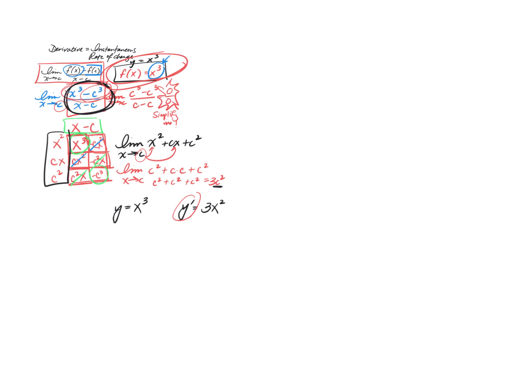Now, that is a whole lot of work. And if we had to do that every single time, it would be miserable. And so thankfully, when you're paying attention here, you might see a little bit of a pattern. So over here, it was cubed. Over here, it is squared. Okay? And here, this exponent came out front. And that is the power rule. All right? The power rule is, no joke, the most powerful thing in calculus.